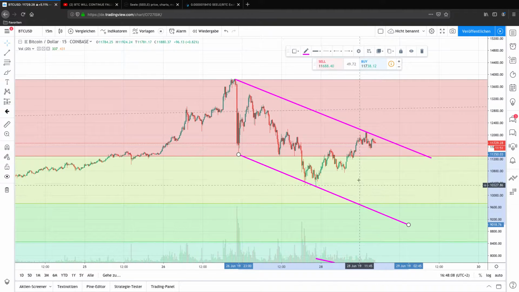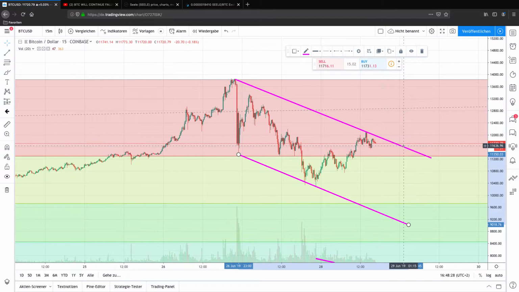Now here comes the point. When Bitcoin breaks this channel line, then there is a high probability that we will see a much faster bearish movement.